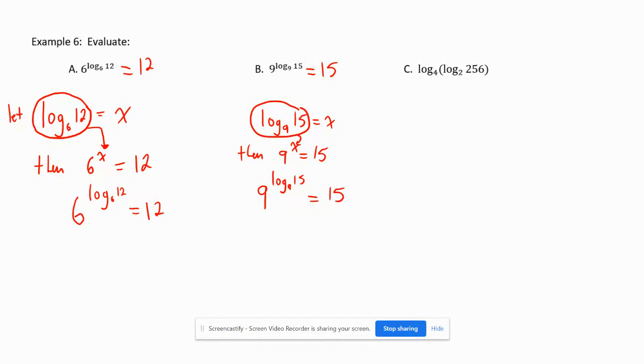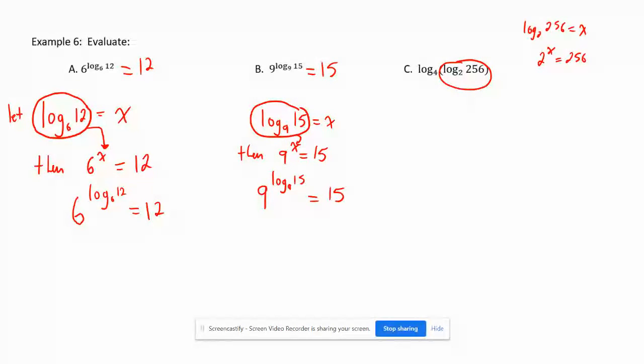We have log base 4 of log base 2 of 256. For 256, we're going to deal with just this part over here. So log base 2 of 256, I'll say that equals x. That means 2 to the x equals 256.